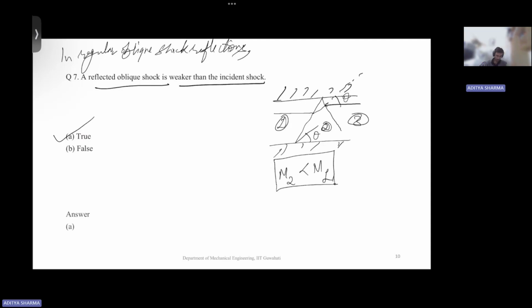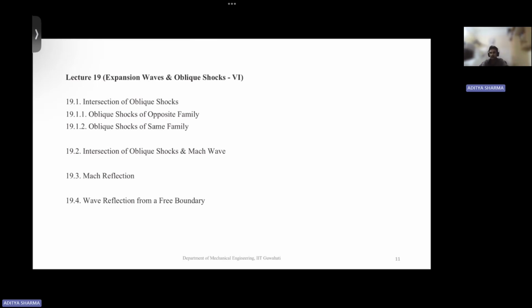So, this was it about lecture number 18. Then we have lecture number 19. So, in lecture number 19, we have intersections of oblique shock.